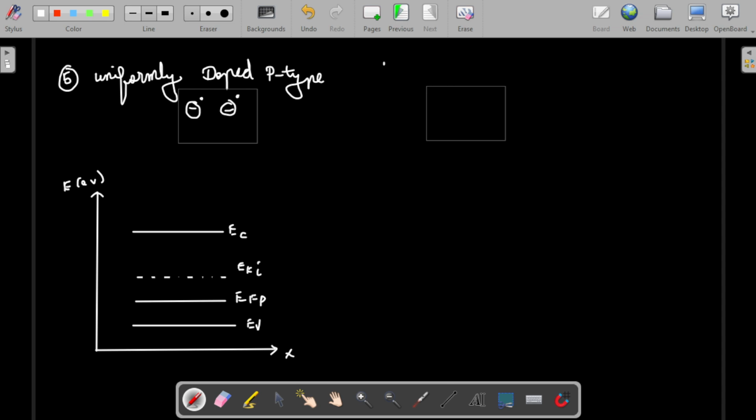So let's take the sixth one. This is also the uniformly doped thing only, but with the external supply. So let's take a uniformly doped P-type. So this is also similar.